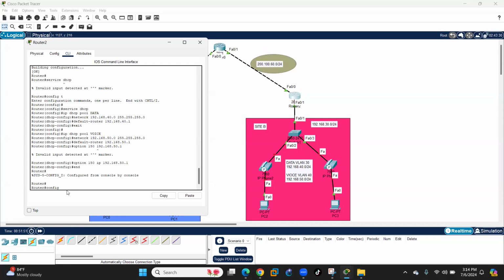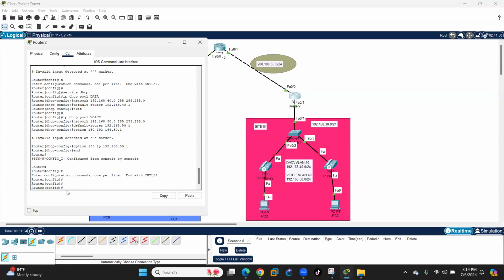Okay, I'm always forgetting this: exclude. IP dhcp excluded-address 192.168.40.1 to 192.168.40.100.